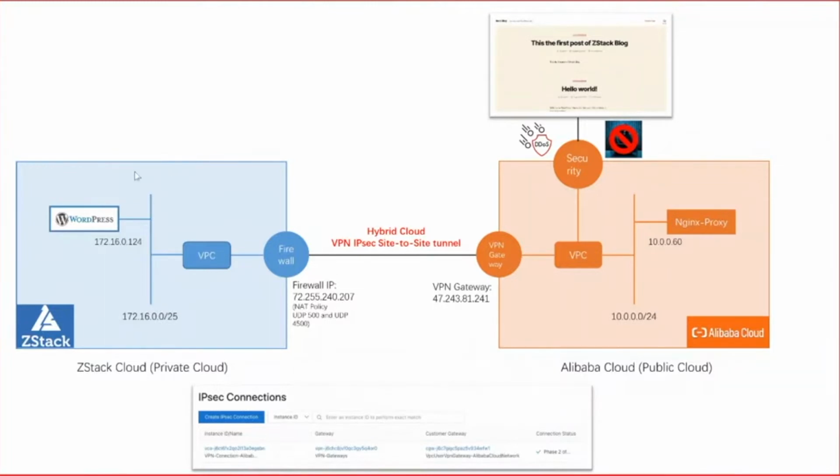And the Alibaba VPN also has a public IP, which our firewall could access to the Nginx proxy in the Alibaba Cloud.